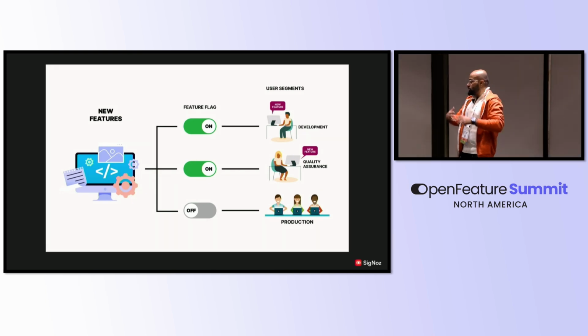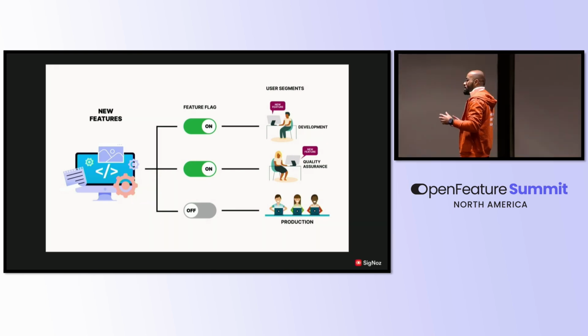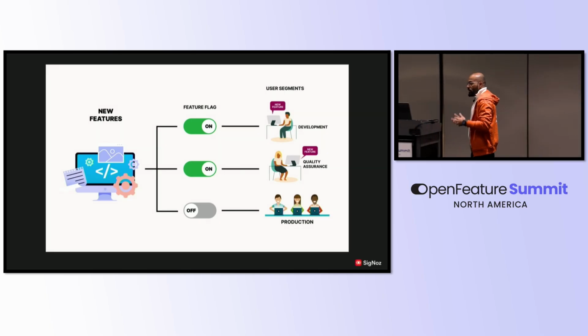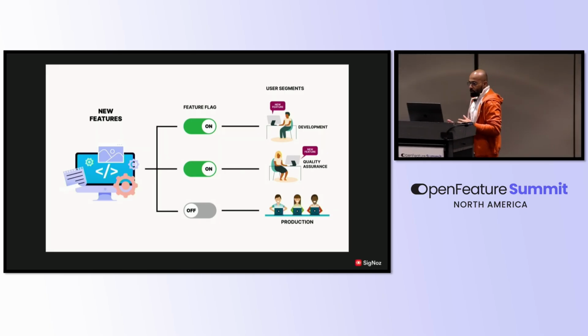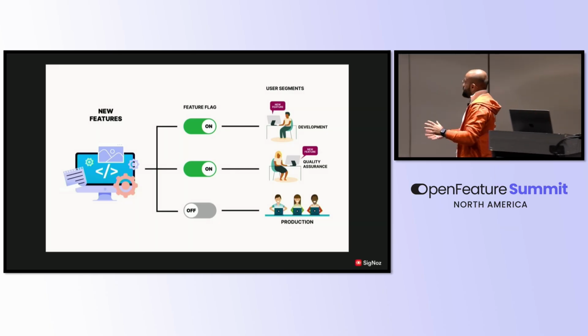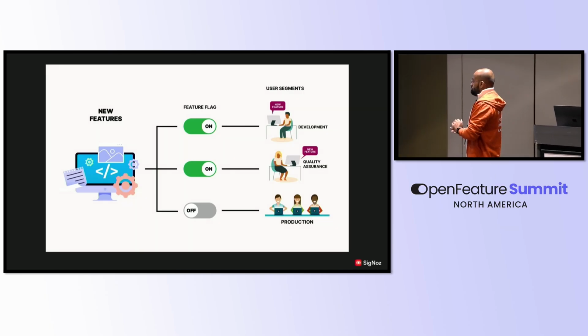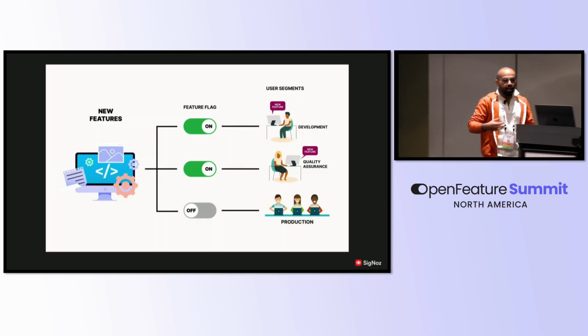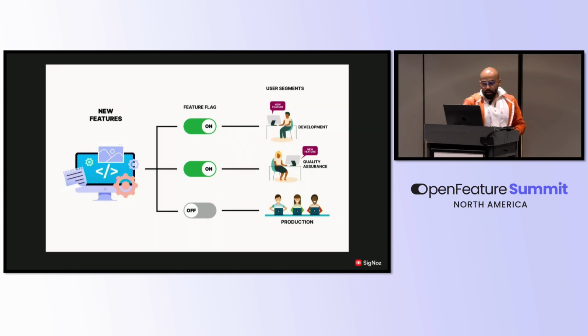Let's assume that I have a payment service and I want to roll out a new feature for developers and for quality assurance, such as credit card statements. Based on my user profile, probably username or user ID, I'm just going to turn on the features for that particular profile and turn off the features for the rest of the users in our production environment, right?